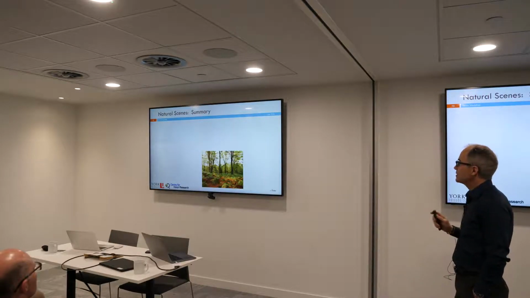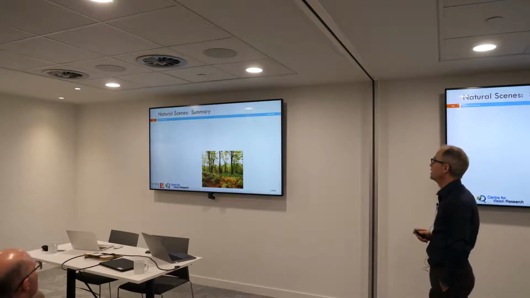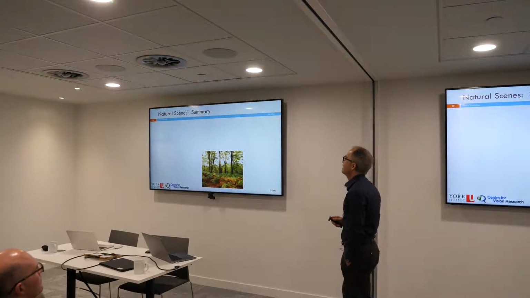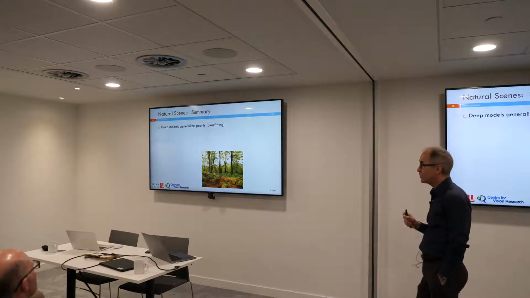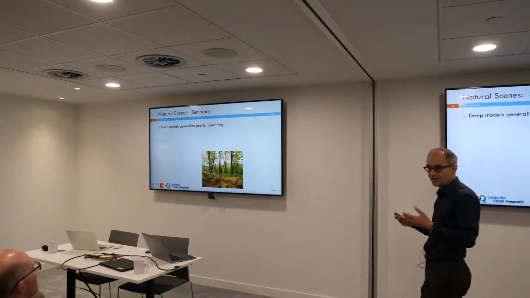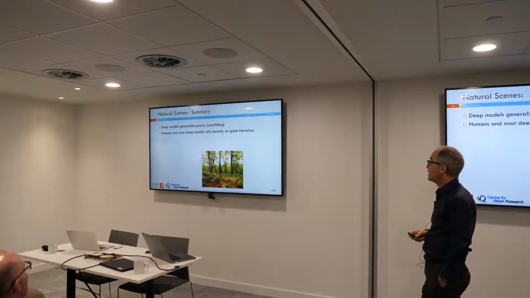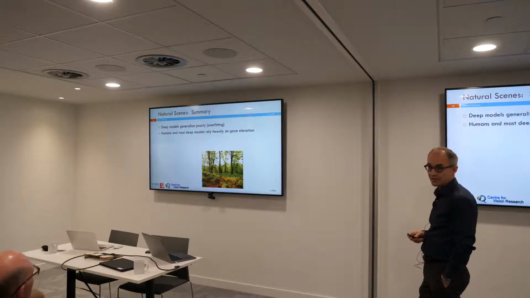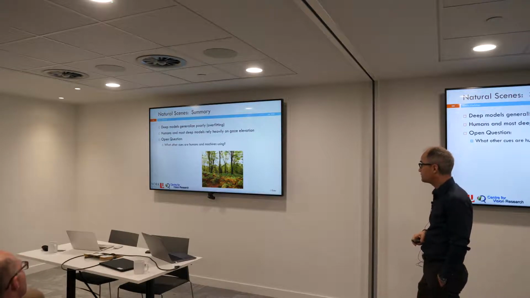Okay, so just to summarize this study, this is not published yet, we just presented it at PSS, but hopefully it's useful as a kind of wake-up call. It gives evidence that these deep models are generalizing poorly to what I think is a fairly normative task, and that both humans and machines, if they're given the opportunity to use gaze elevation, rely upon that.